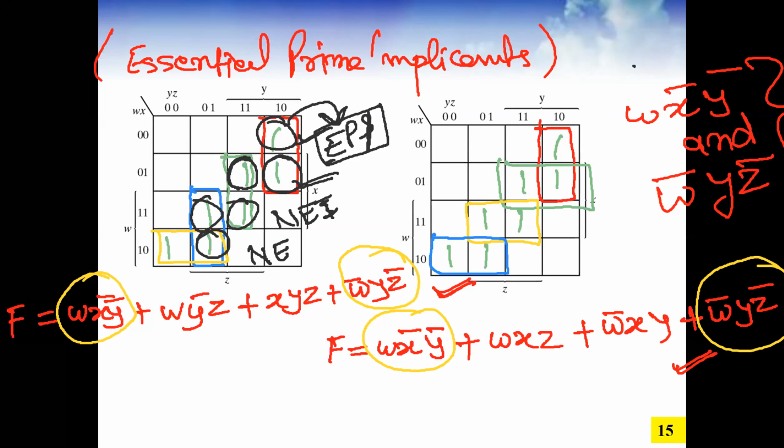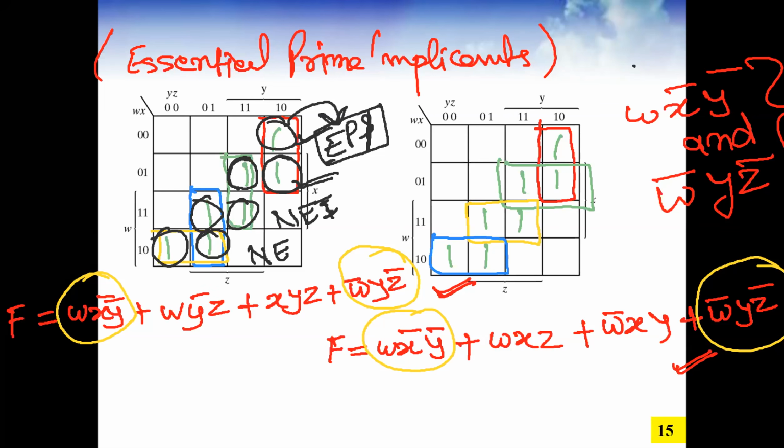Now look for the yellow color. When you focus on yellow color, you will find the very first minterm, and you cannot combine it any other way other than this yellow color. So what are we looking for? We are looking for only a single minterm which cannot have another way for the combination.